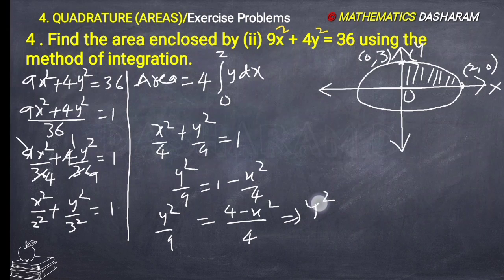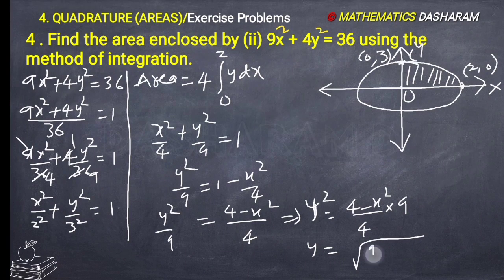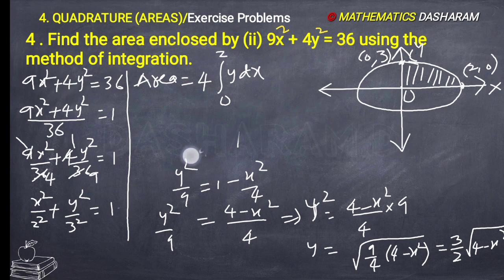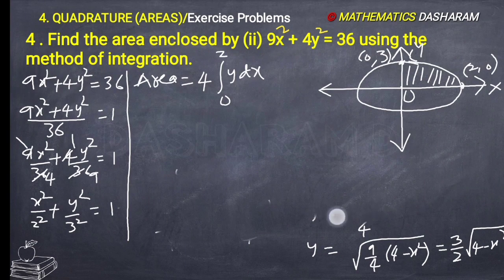Then y square equals to 4 minus x square by 4 into 9. Then y equals to under root 9 by 4 into 4 minus x square. So then 3 by 2 into under root 4 minus x square.